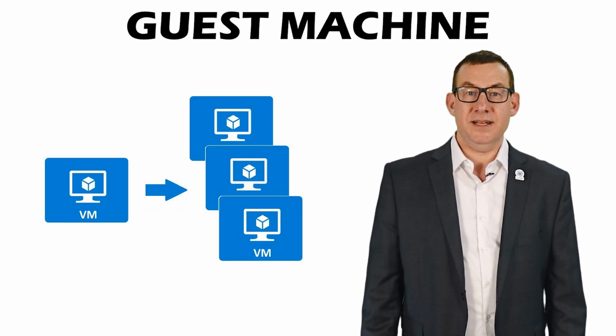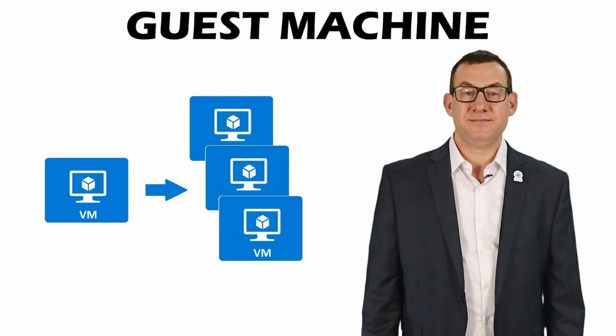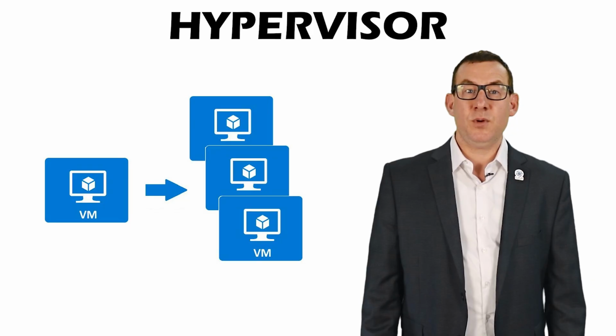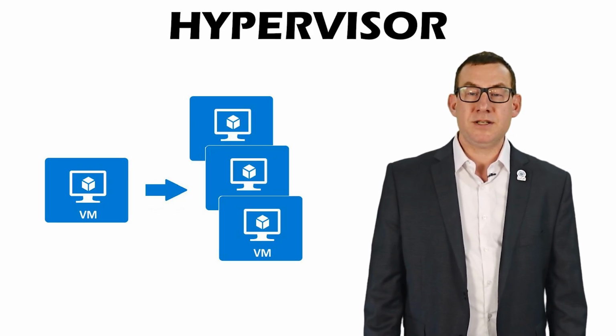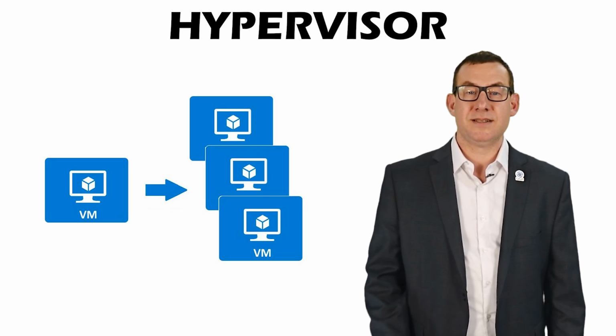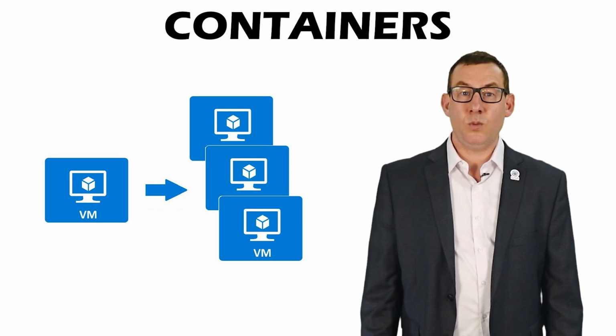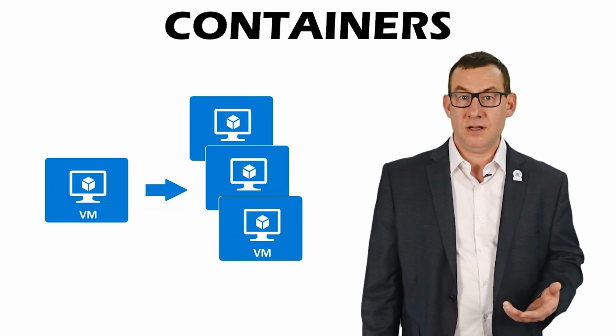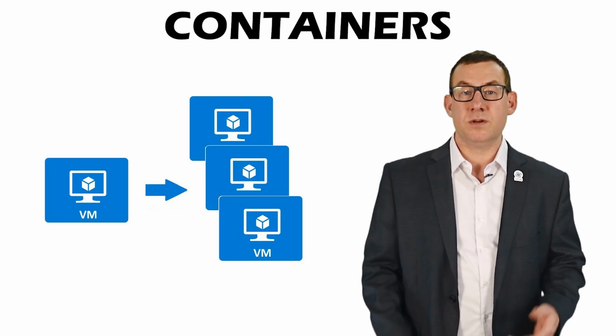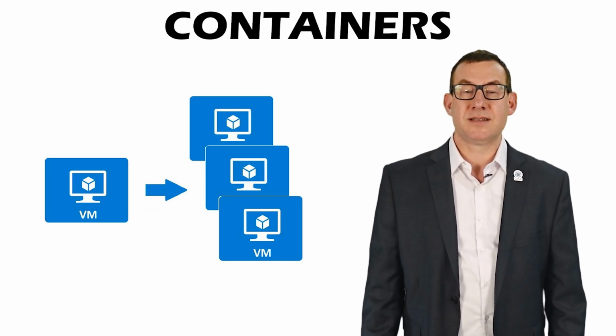A guest machine is a virtual system running on top of a host. A hypervisor manages and runs virtual machines. Containers are lightweight, isolated environments used for microservices or scalable geospatial compute tasks.